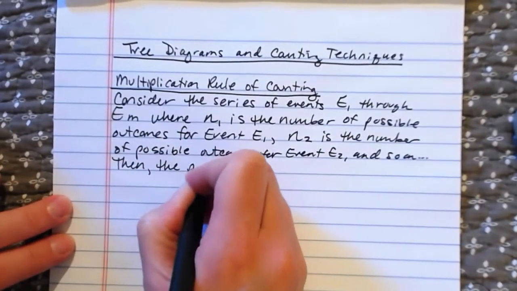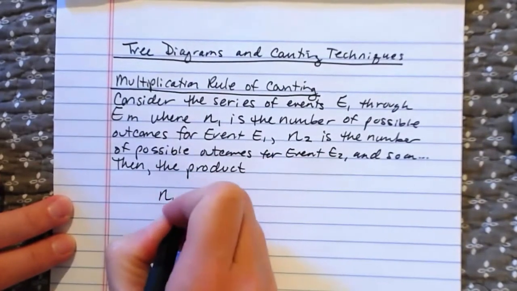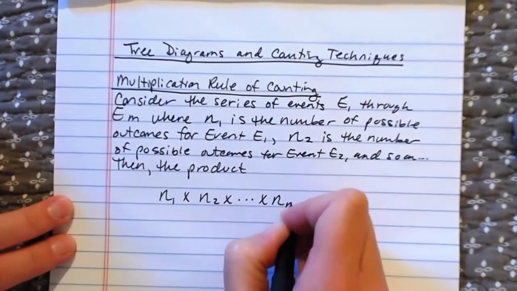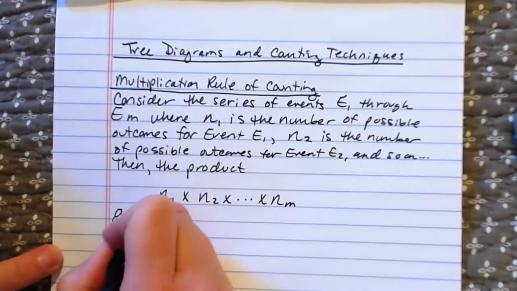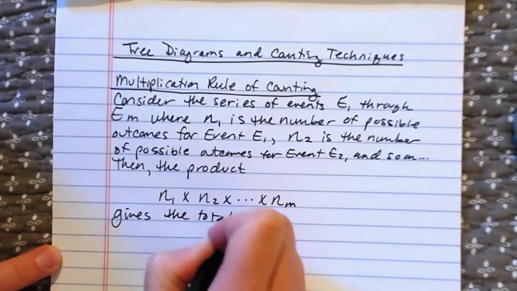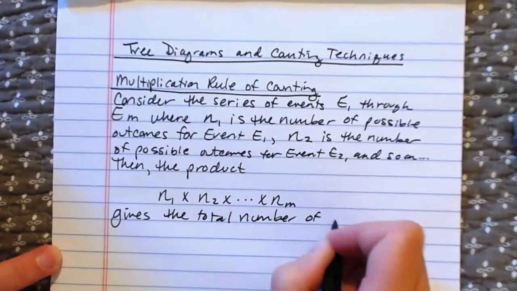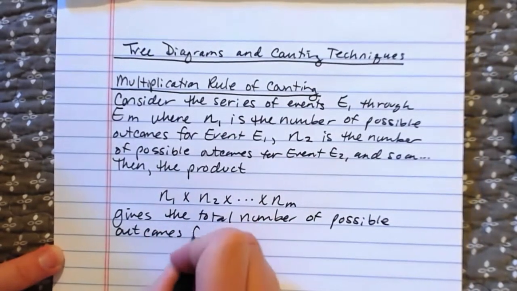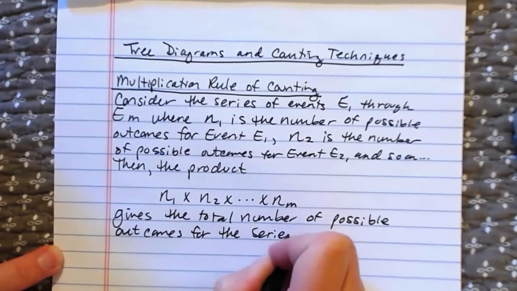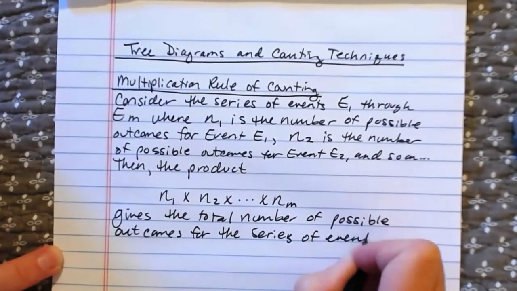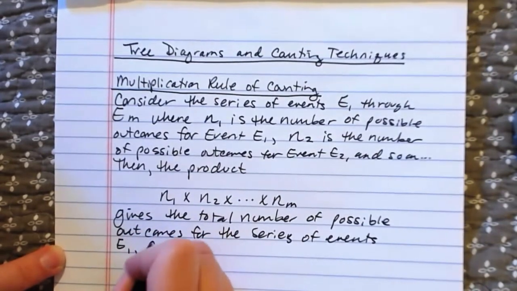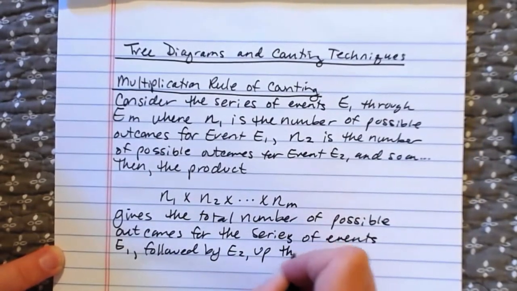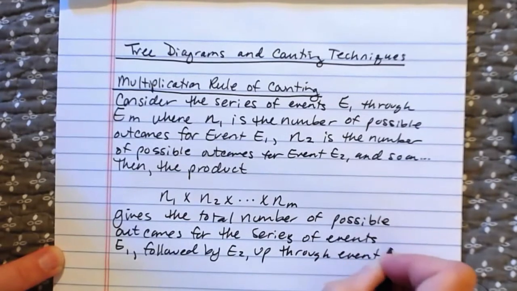Then the product, n sub 1 times n sub 2 times dot dot dot all the way through n sub m, if there are m total events, gives the total number of possible outcomes for the series of events E sub 1 followed by E sub 2 up through event E sub m.